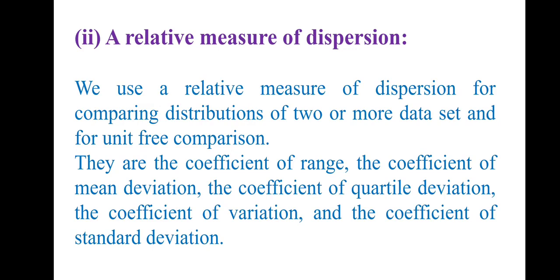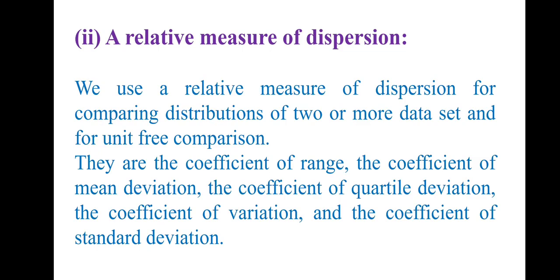It is called the relative measure. It depends on the absolute measures of dispersion. So there are two types: one is absolute measure of dispersion, second one is relative measure of dispersion.